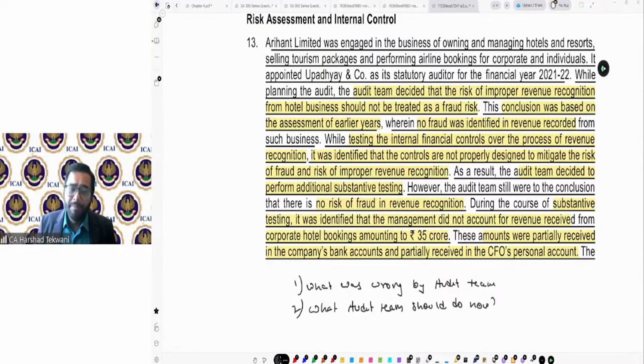A lot of times, if you have a specific question on any area, there are high chances that it will cover the reference of 315 or 330. These are the base which say that to perform the risk assessment, 315 and 330 say, now you perform the risk assessment, now design the audit procedures. So whatever you do is based on these two.